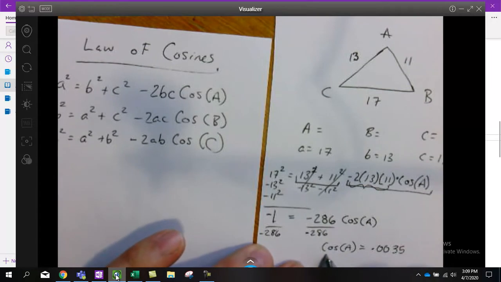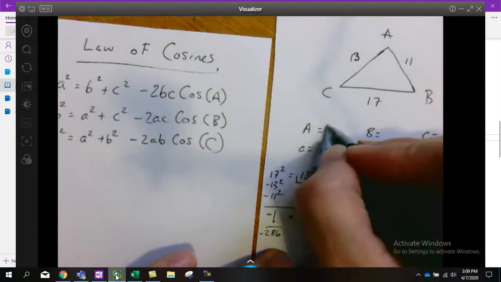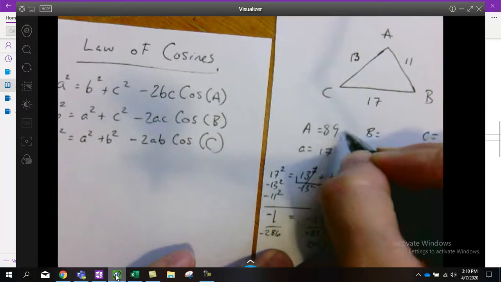To get rid of a cosine, we have to apply a cosine inverse. Capital A would come out to 89.83. This is so close to a right angle, but it's not a right angle. So up here for angle A, I'll write 89.83.